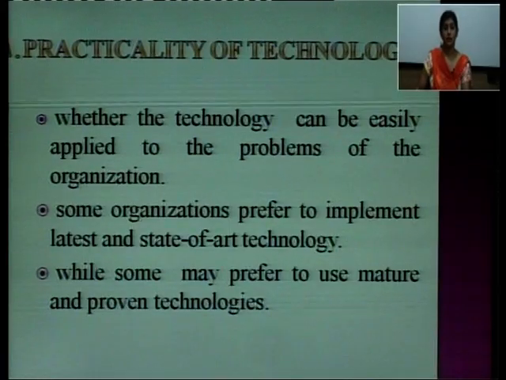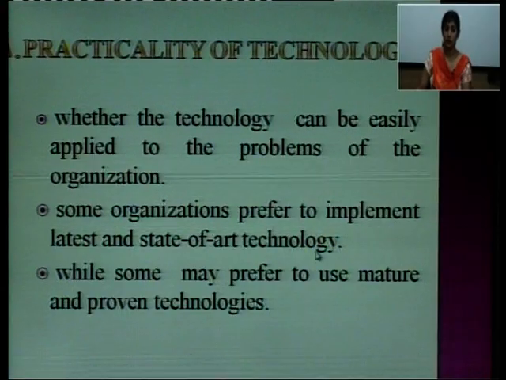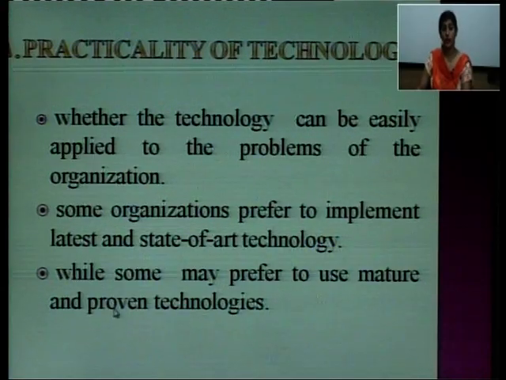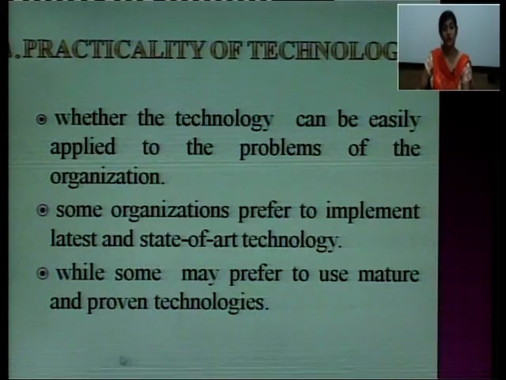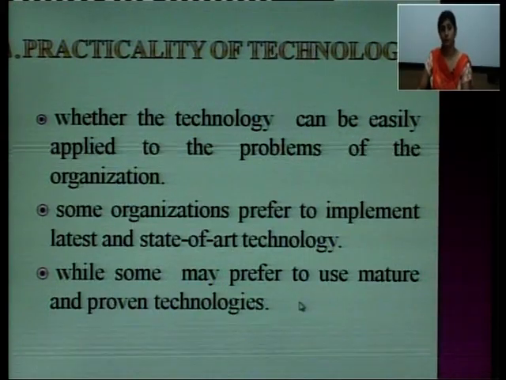Practicality of the technology: whether the technology can be easily applied to the problems of the organization. Clear? Next is, some organizations prefer to implement the latest state of the art technology, while some may prefer to use mature and proven technologies, depending upon the user's requirement.